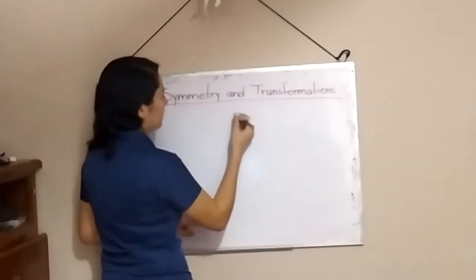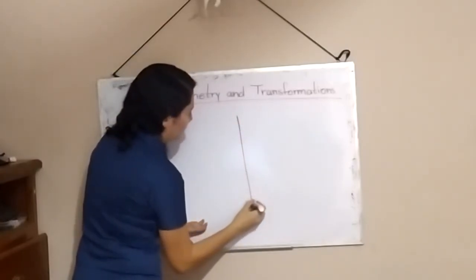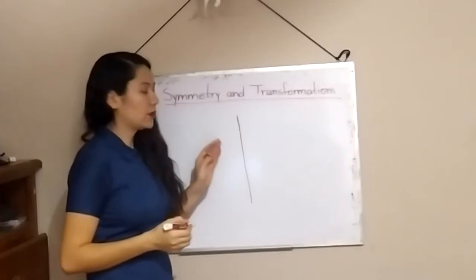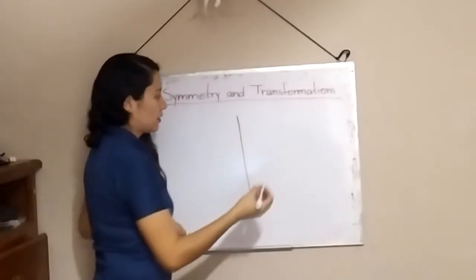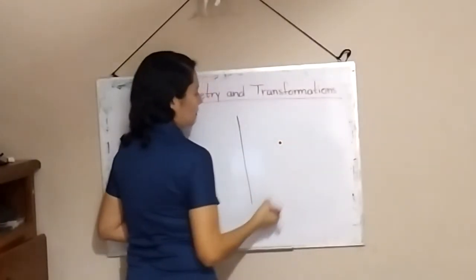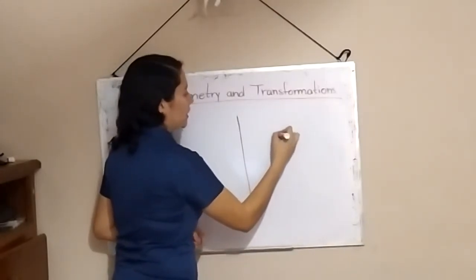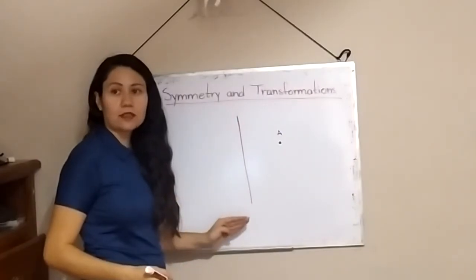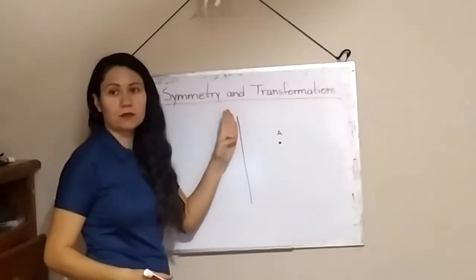We can have a reflection of a point. Let's say this is point A, and this is our line of symmetry. It doesn't have to be straight.